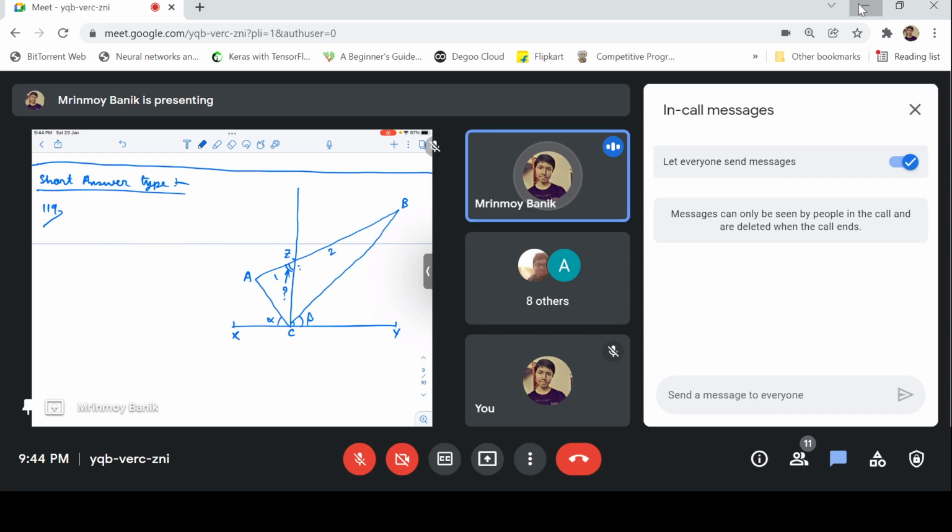How will that help us out? This is not perpendicular, right?